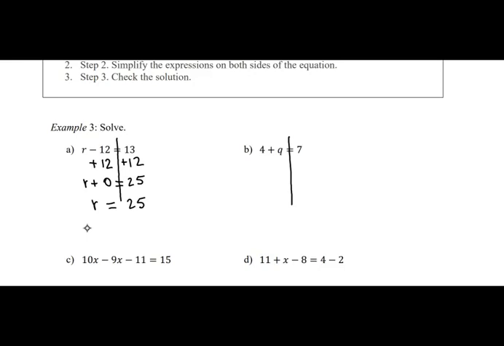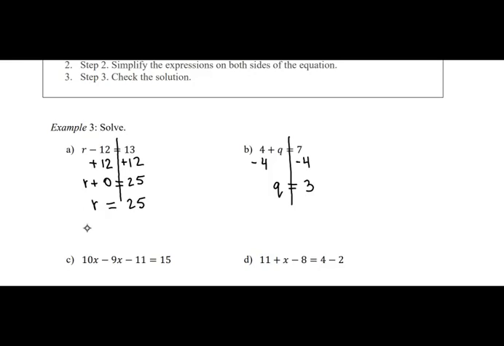So here I am going to use the subtraction property of equality, and I'm going to subtract 4 from both sides. Remember, same number from both sides of the equation to keep the balance, to keep the equation true. Well, 4 minus 4 is going to give me a 0, so all I have is q left on the left. And then 7 minus 4 is going to give me a 3, so the answer is q equals 3.